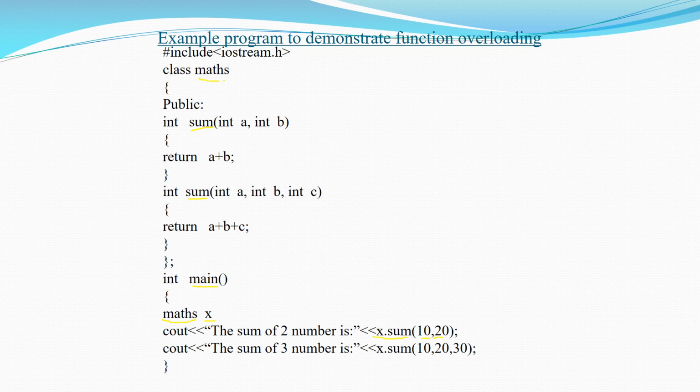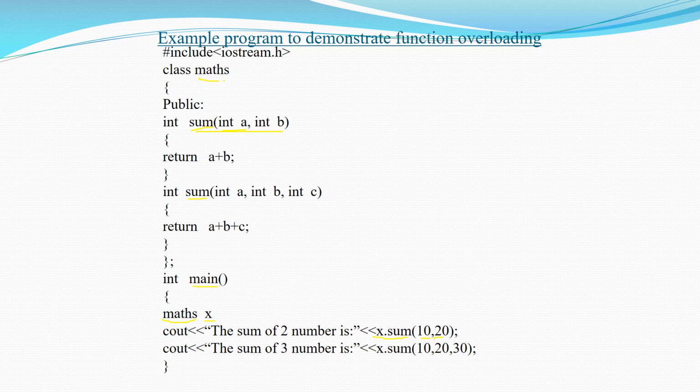Once the values are passed, the first value 10 passes to int a, and the second value 20 passes to int b. Then it returns a plus b, that is 30, and the sum of two numbers, 30, is printed.